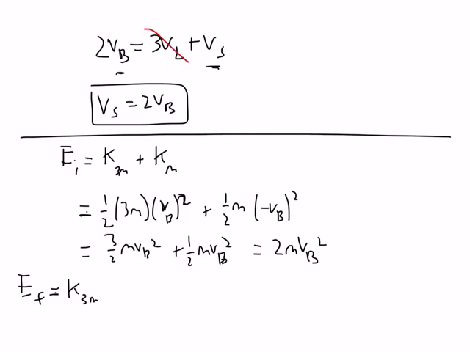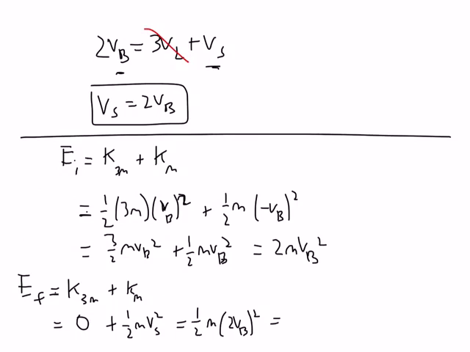Same process for the final energy. So there's two objects that could potentially be moving. However, we're told, again, VL equals 0. So the large ball isn't moving. That means it has 0 kinetic energy. And the small ball, but we know what VS is in terms of VB. Right?